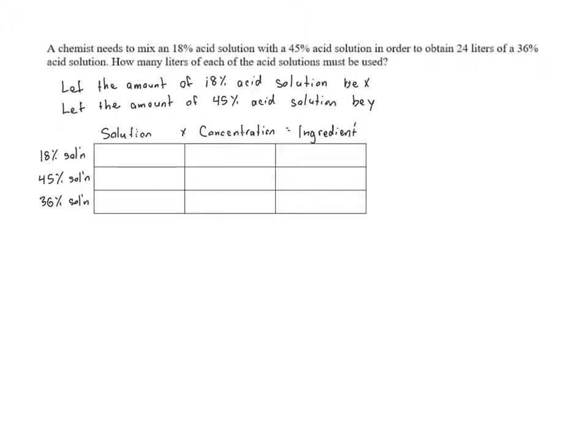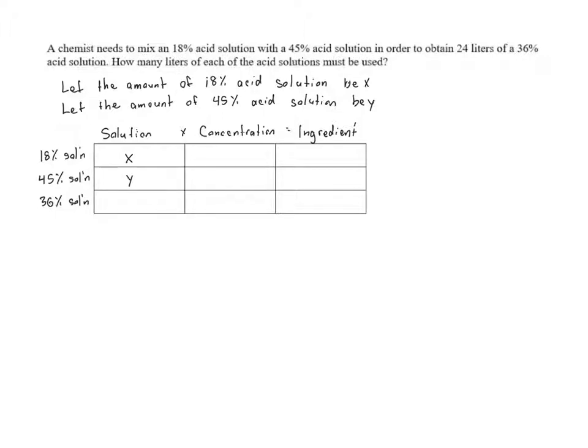Now let's fill in the table with the information that we have. Let's start in the upper left-hand corner. That's the amount of the 18% solution. And we didn't know how much that was, so we assigned it a variable. We said, let the amount of 18% acid solution be X. So that's going to be X. For the 45% solution, the amount of the solution is going to be Y. That was also from our let statements.